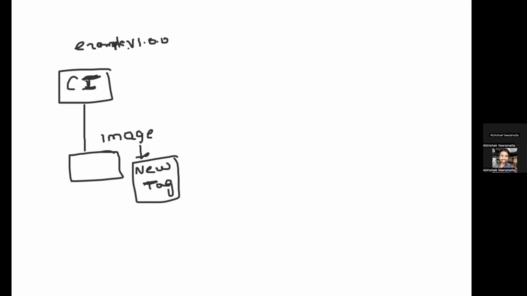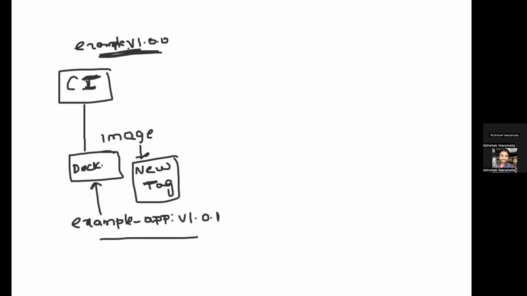This will be your previous artifact, whereas your new artifact will be something like example-app:v1.0.1, because you are trying to change something, right? So now you will push this example-app:v1.0.1 to your Docker container registry. This will be the last stage of your continuous integration.